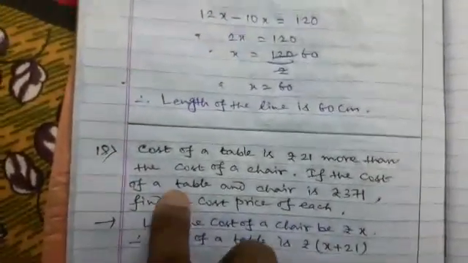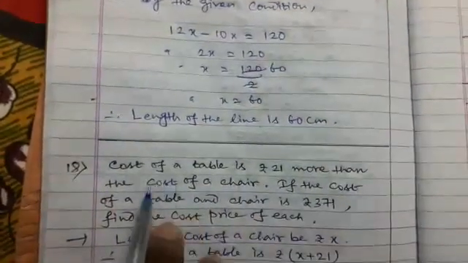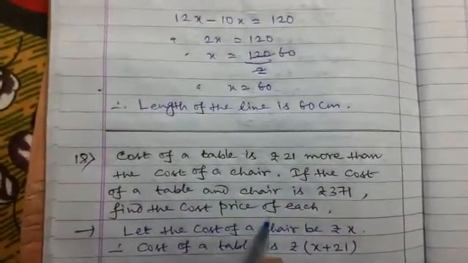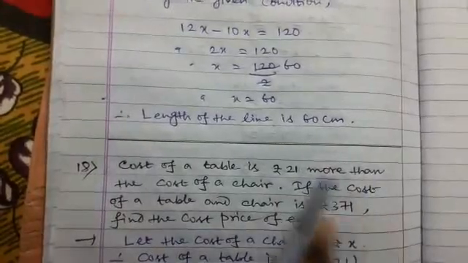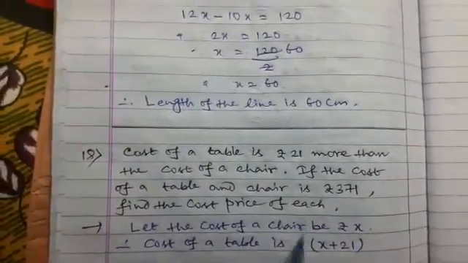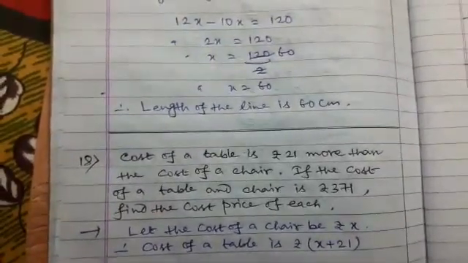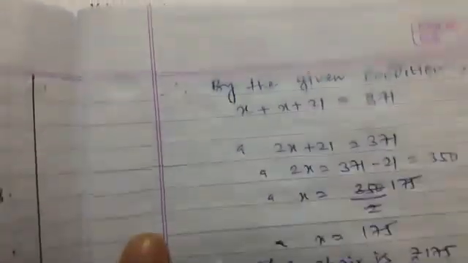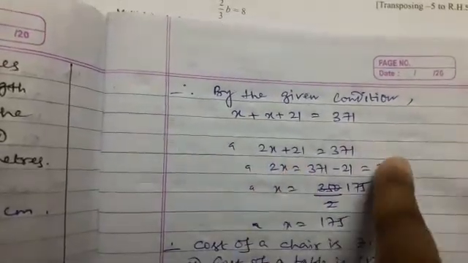Number 18. The cost of a table is rupees 21 more than the cost of a chair. And if the cost of a table and chair is rupees 371, find the cost price of each. That means the cost of a table is rupees 21 more than the cost of a chair. Let the cost of a chair be x. So the cost of the table will be x plus 21, and it is given here that the total cost of a chair and table is rupees 371. So by the given condition, x plus x plus 21 equal to 371, 2x plus 21 equal to 371.